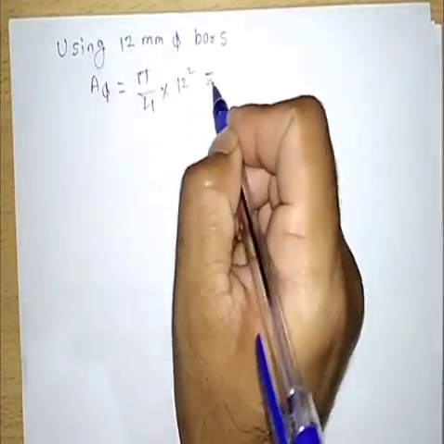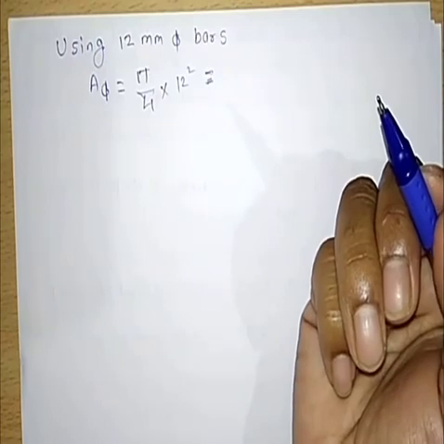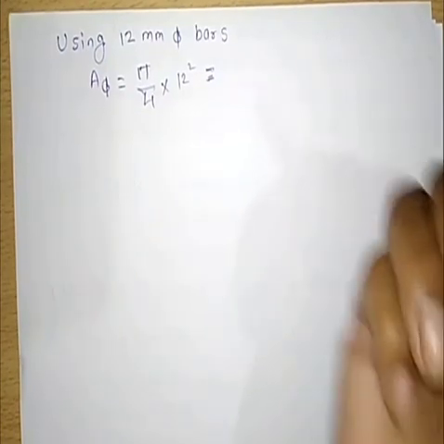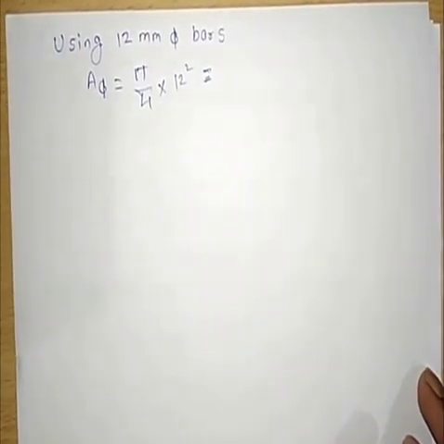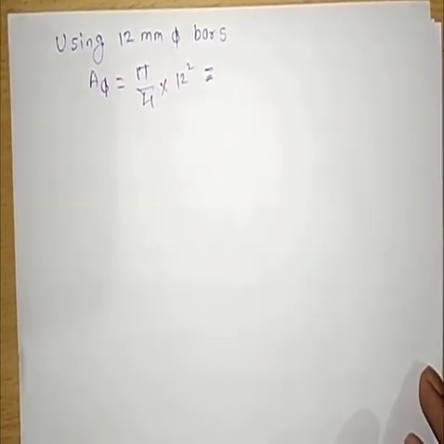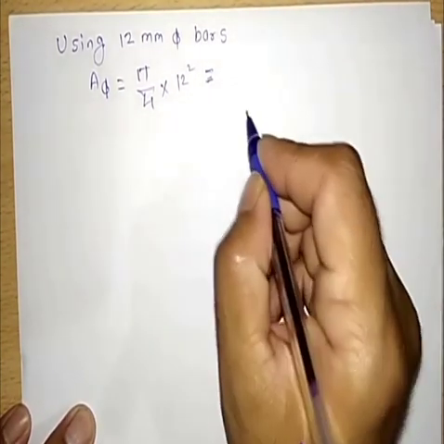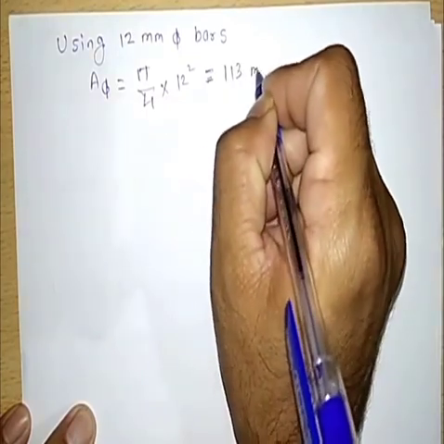If you calculate, you'll get around 113 mm square.